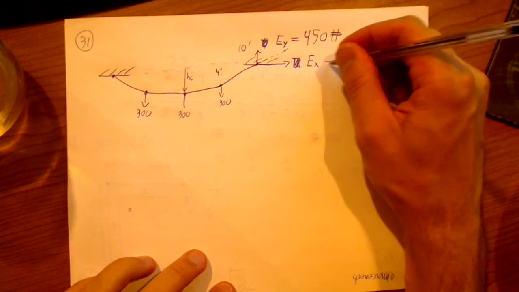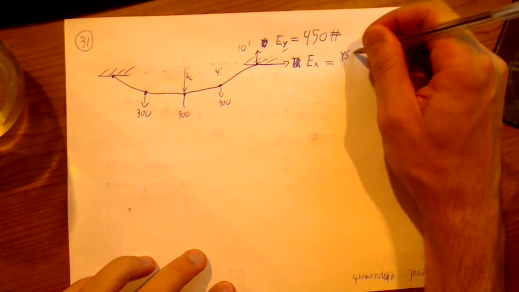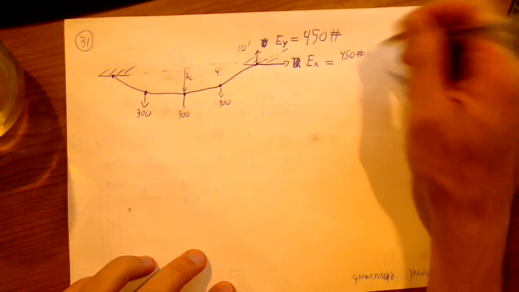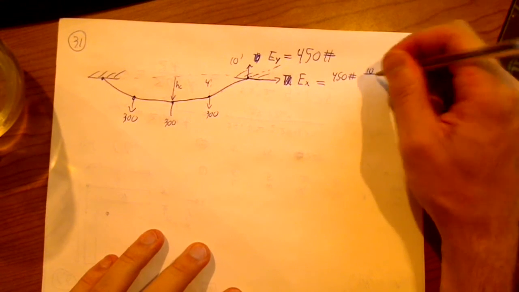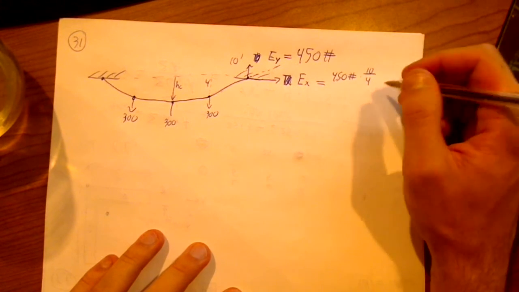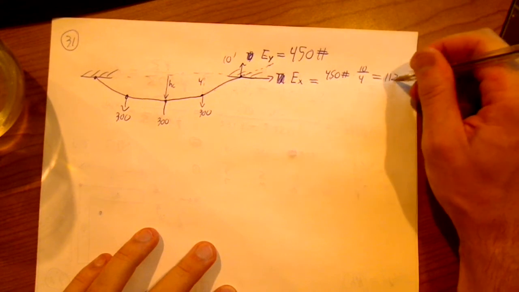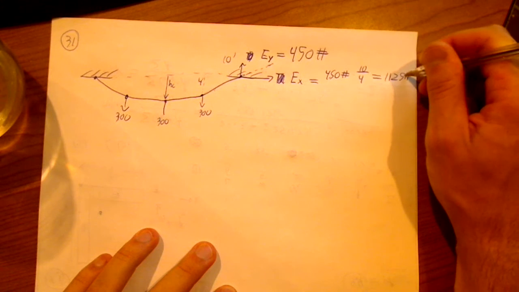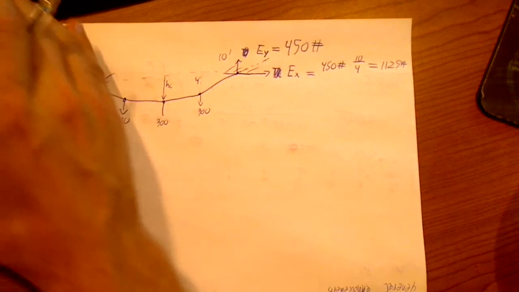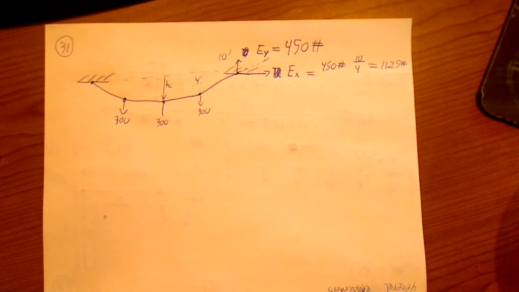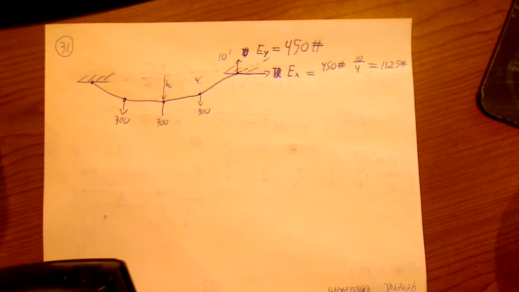Likewise with a force. So this equals 450 pounds times 10 over 4. And that's how we use our little proportional trick here to get, I just know by memory, 1125 pounds. Make sure that that's correct.